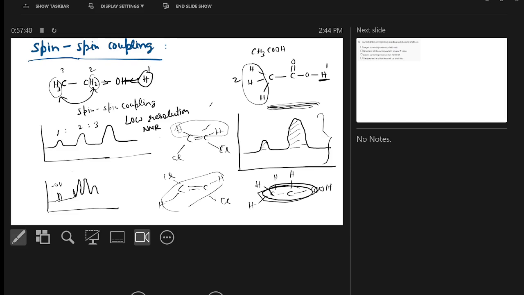So this is because of the second proton. And the third one is 1, 2, 3. See, it was split into the finer structure instead of one broad peak.